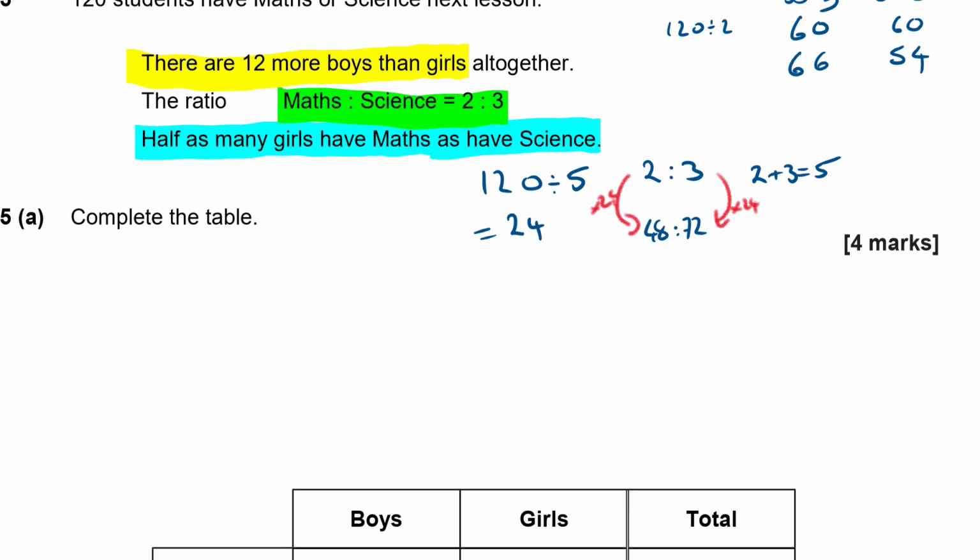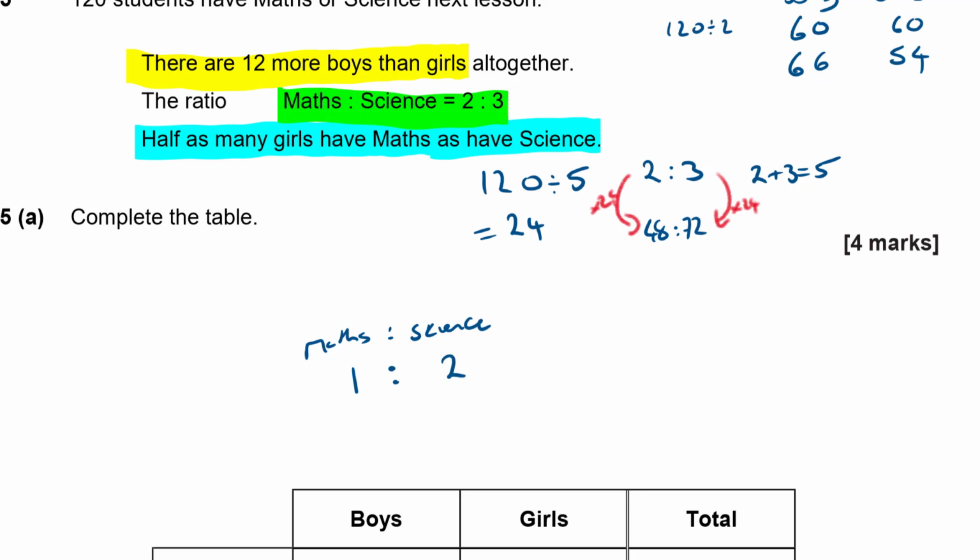Okay, so if half as many girls have maths as have science, then the ratio of maths to science has got to be in the ratio of 1 to 2. So twice as many girls do science as do maths.